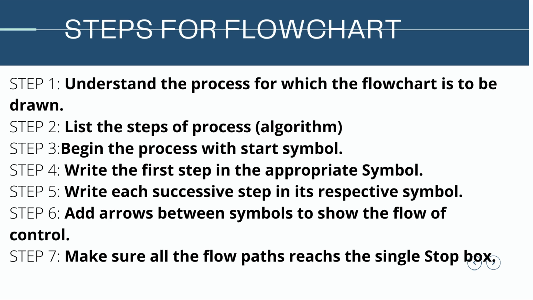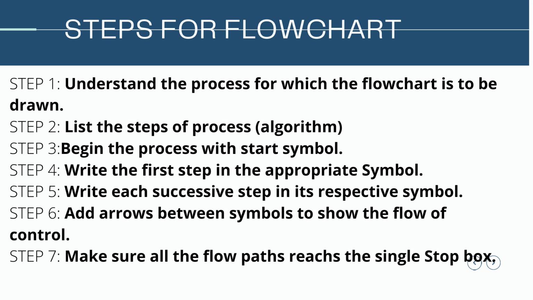And write the first step in the appropriate symbol. That means we start with the start symbol, and then add the instructions, and the next steps should follow in order. Write each successive step in its respective symbol.